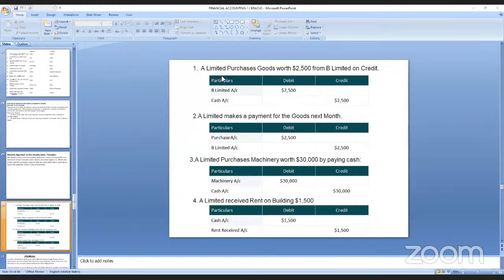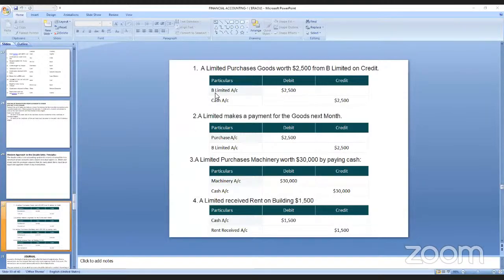So here A Limited is a company. A Limited purchases goods worth 2,500 from B. Means here A has purchased the goods from B on credit. On credit means he is not paying any cash.